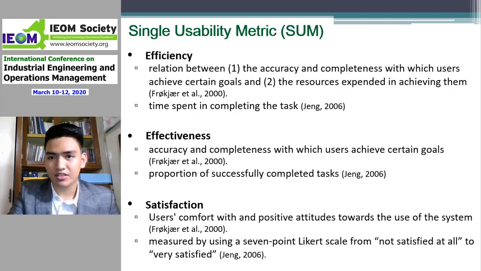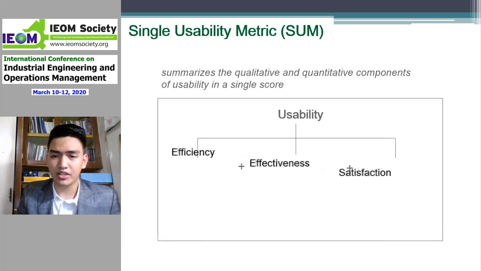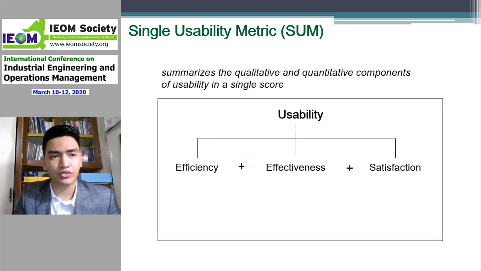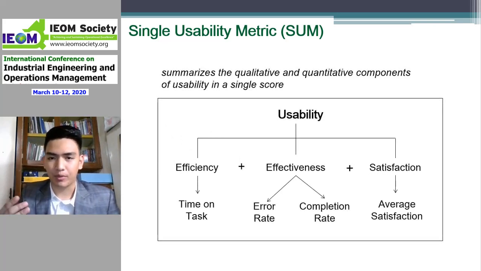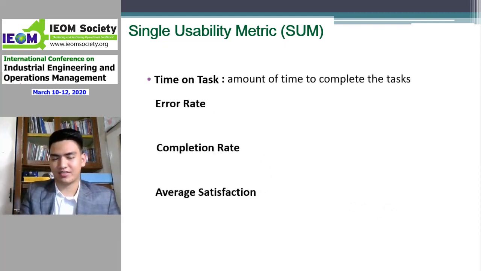SUM represents three usability dimensions. These are efficiency, effectiveness, and satisfaction. Then each of these dimensions is measured in terms of the following metrics: time on task, error rate, completion rate, and average satisfaction. The time on task is the amount of time to complete the tasks.